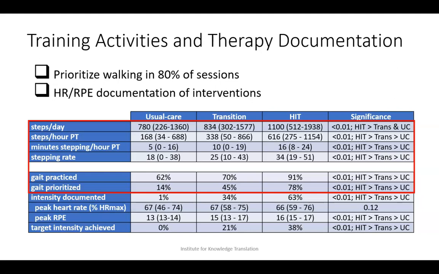Meaning that usual care was different than the transition phase in terms of the emphasis on practicing walking. And then the transition phase was meaningfully different from the high-intensity training. So even more prioritization and amount of practice of walking in the HIT phase.